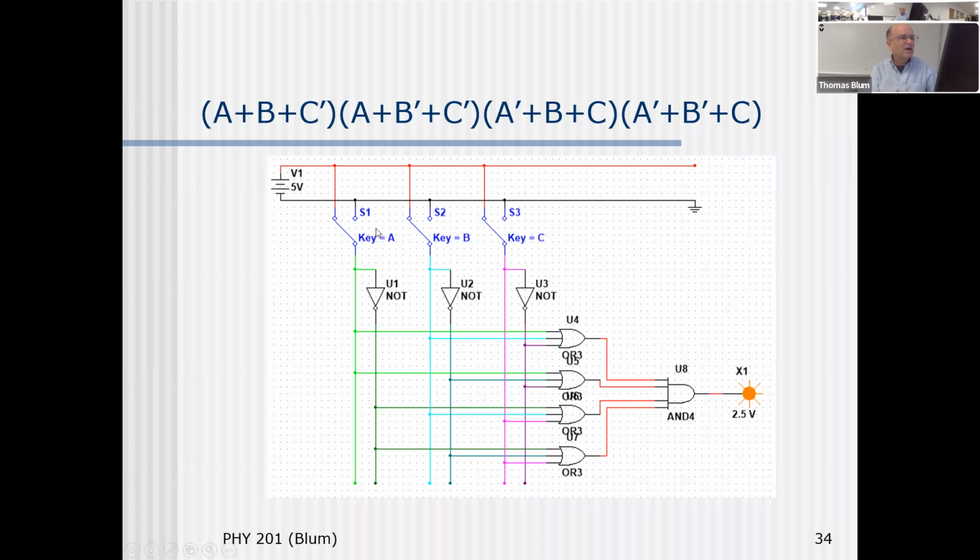The battery, the ground, the switches, the knots, they're just corresponding to the possibilities of things. Then we have OR gates, those are the sums, and then ultimately you have a product. So that is this other approach, this other way of building it.